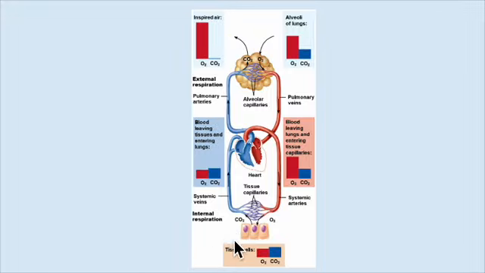Internal respiration is referring to this gas exchange event that is representing the process of cellular respiration, right? Taking glucose and oxygen to produce carbon dioxide, water, and energy. But internal respiration is specifically referring to this gas exchange event happening deep in our tissues.